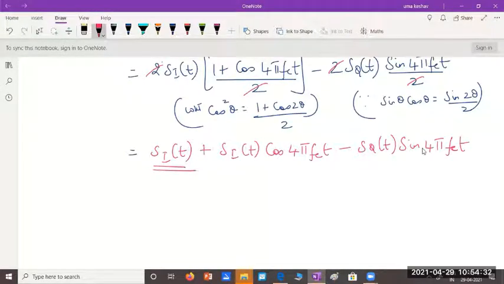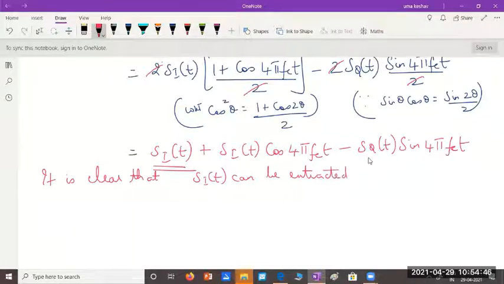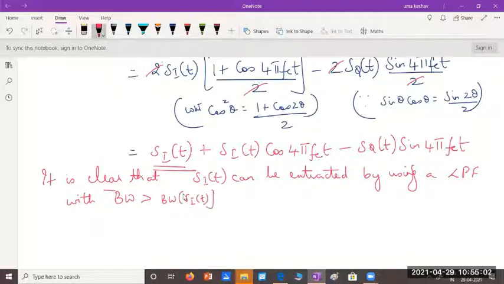If you look at the 3 signals which are there, it is clear that S_I of t can be extracted by using a low pass filter with bandwidth greater than the bandwidth of S_I of t, whatever was the signal bandwidth.